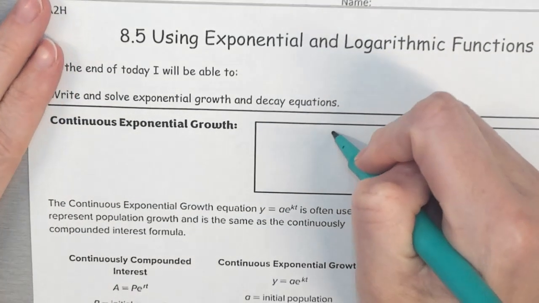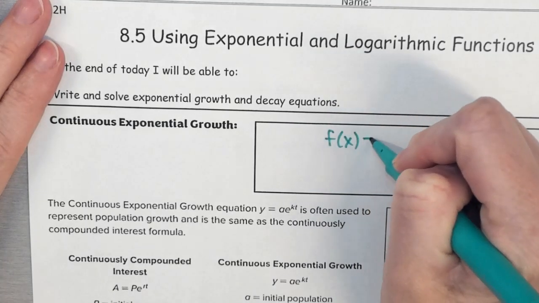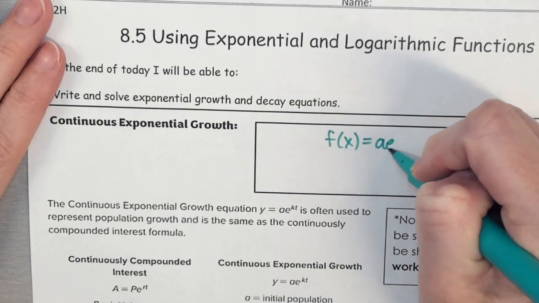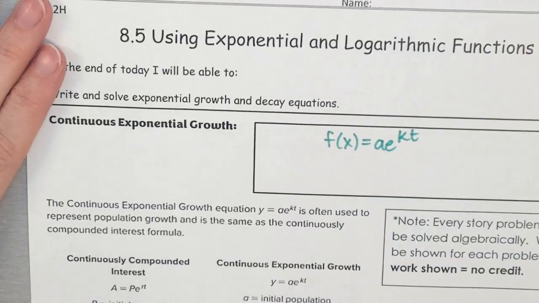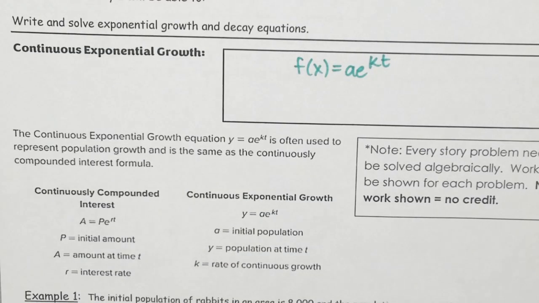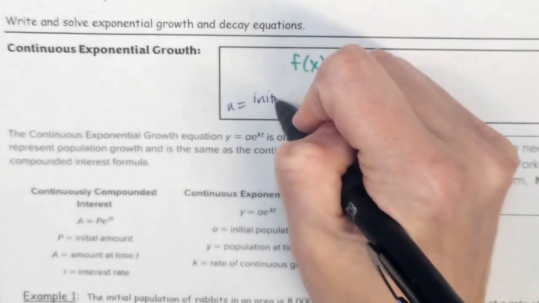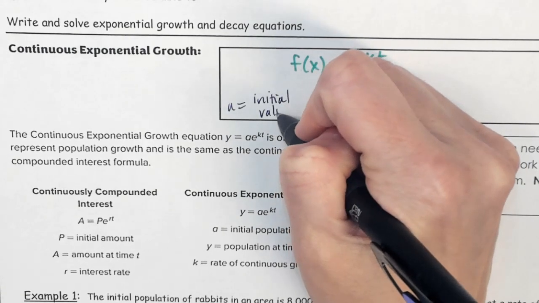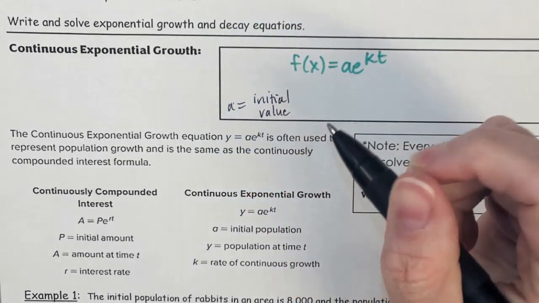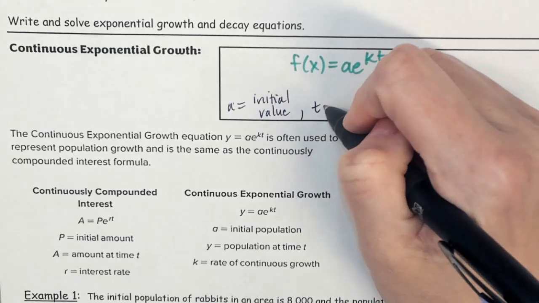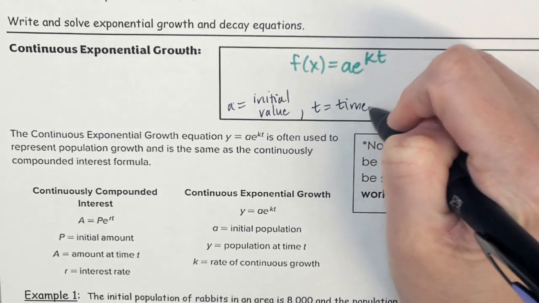So it's f of x equals ae to the power of kt. Okay, and this is where a is your initial value. t is going to be the time.